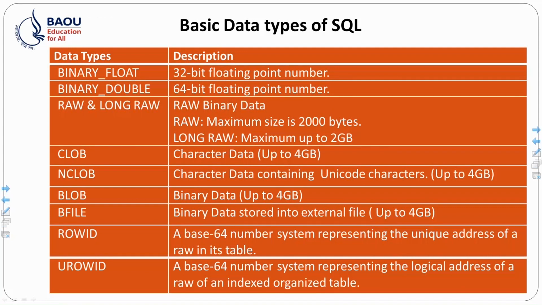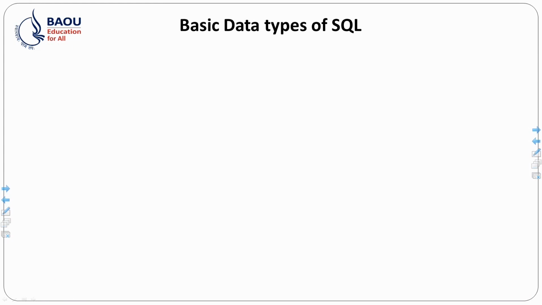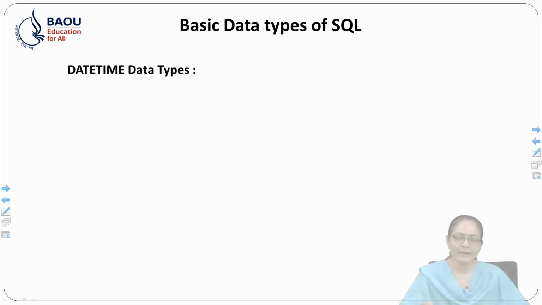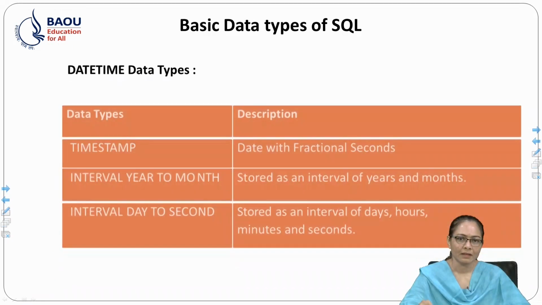ROWID is a base 64 number system representing the unique address of a row in its table. UROWID is a base 64 number system representing the logical address of a row of an index organized table. Now the next one is the date and time data types.